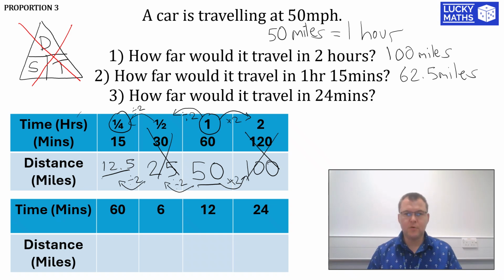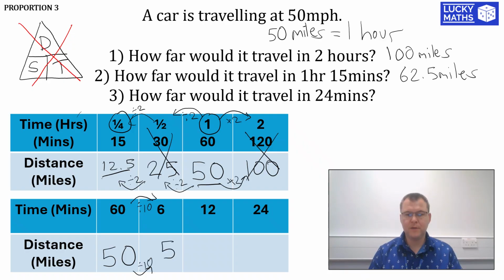Last question, a little bit more complicated: how far would it travel in 24 minutes? Now 24 minutes is tricky because we're working with a clock that operates out of 60. But again, 60 minutes is 1 hour, so we know that the car goes 50 miles in 60 minutes. What we can do then is break it down: how far would it go every 6 minutes?